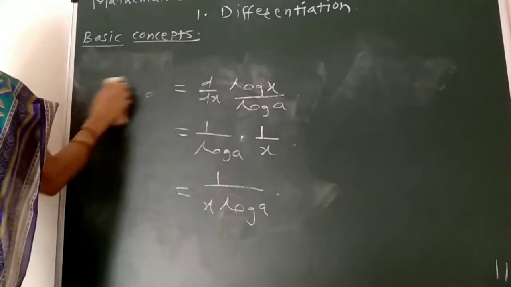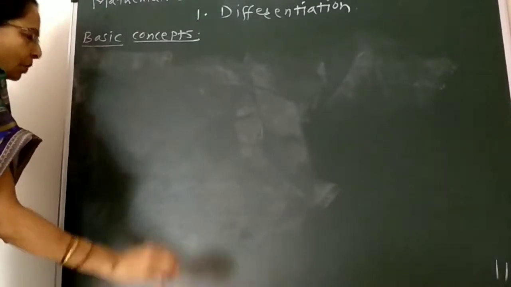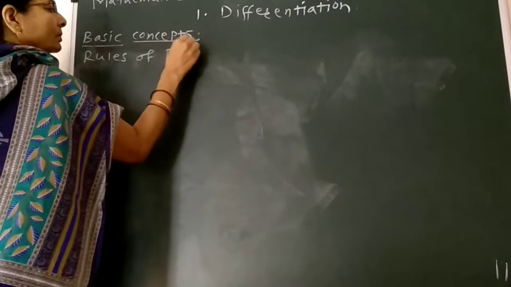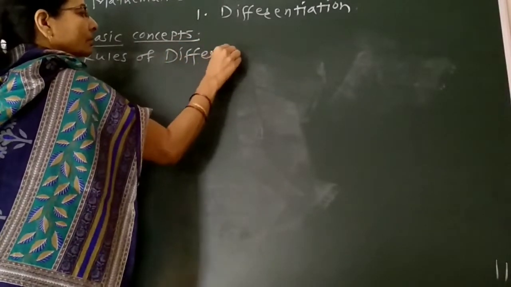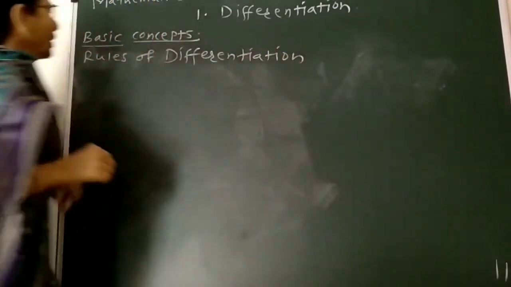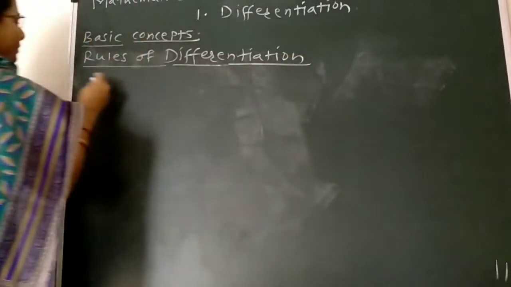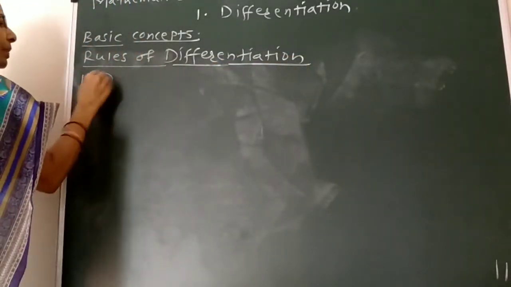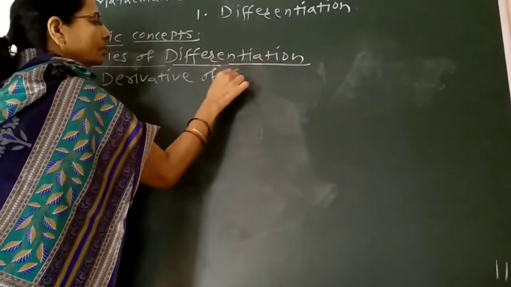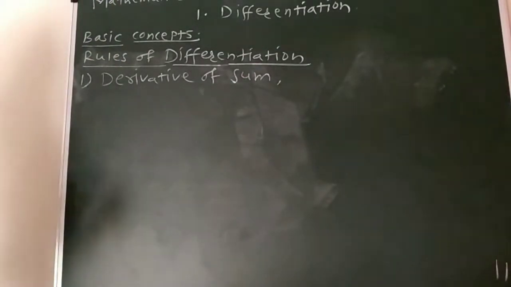Next, rules of differentiation. First is the derivative of a sum.